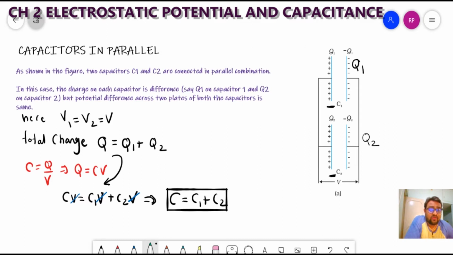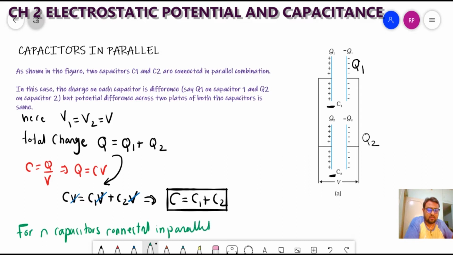Now if there are n capacitors connected in parallel, let me write it down. For n capacitors, having capacitance C1, C2, C3, C4 to Cn, when they are connected in parallel, then the equivalent capacitance, C equivalent, will be equal to C1 plus C2 plus C3 up to Cn.